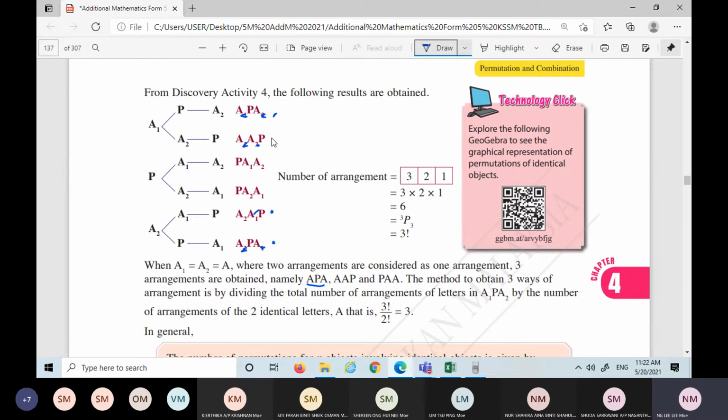This and this are the same, so 2 methods, and this is the same, so 3 methods. So if three alphabets are different, then the number of arrangements is 6. If there are 2 identical alphabets, then it reduces, it becomes 3 methods. So you only have these 3 arrangements. So how your answer gets 3 is this way: 3 factorial divided by 2 factorial.